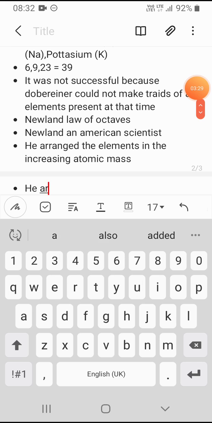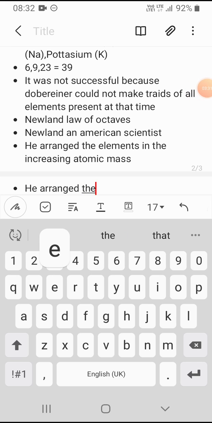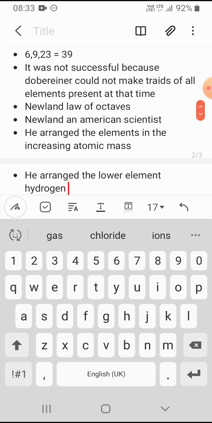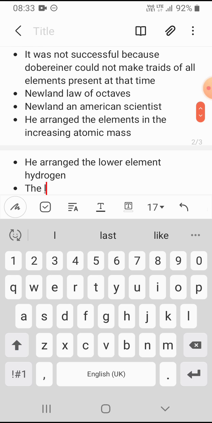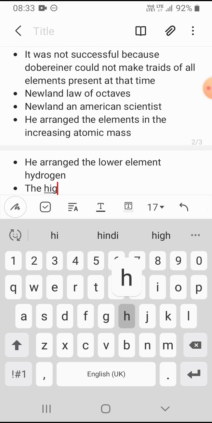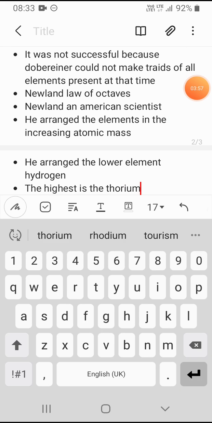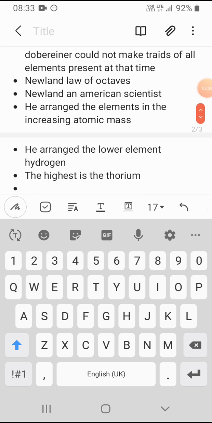He arranged the lowest element, that was hydrogen, and the highest was thorium, the highest element found at that time.